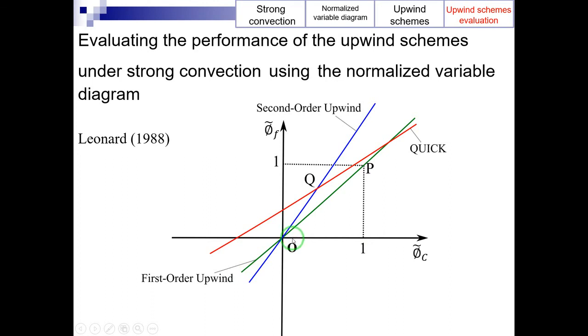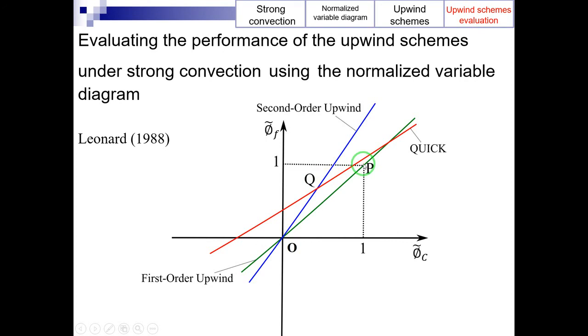Further, the schemes passing above the point P are oscillatory in two-dimensional problems, which is the case for the second order upwind scheme and to some extent for the QUICK scheme.